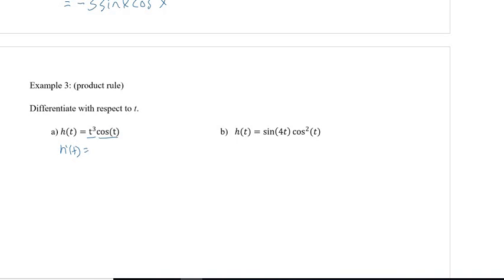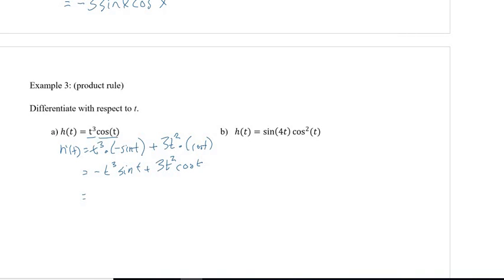So let's see. We're going to have t cubed times cos t, whose derivative is negative sine of t. And then we have the derivative of the first function, 3t squared, times cos of t. So what that looks like when we simplify it a bit is negative t cubed sine of t plus 3t squared cos of t.